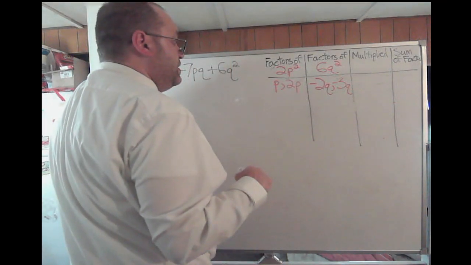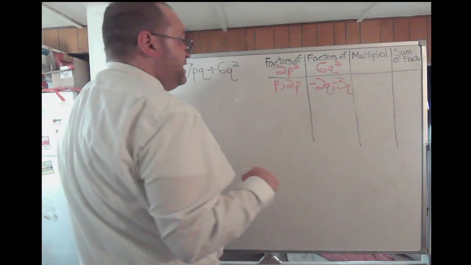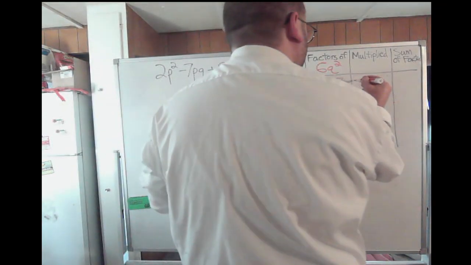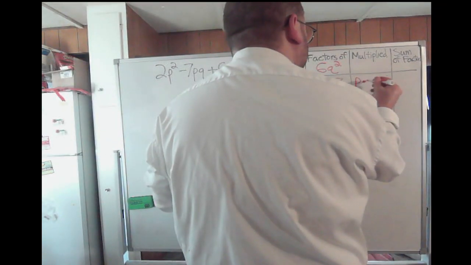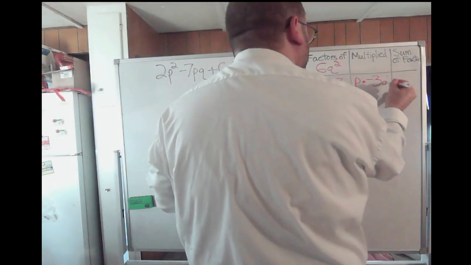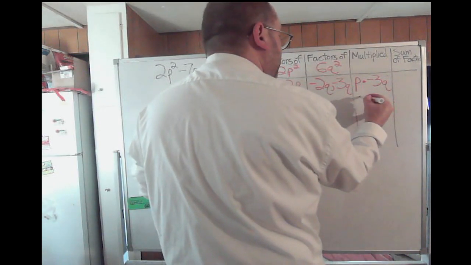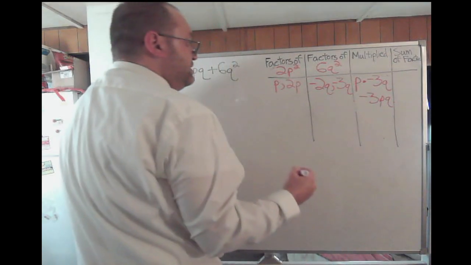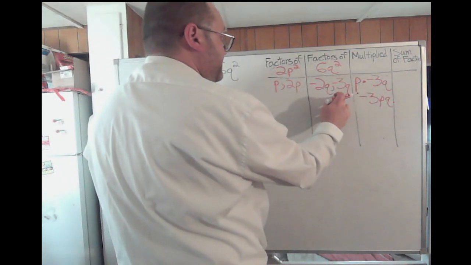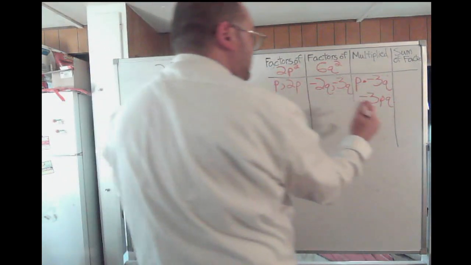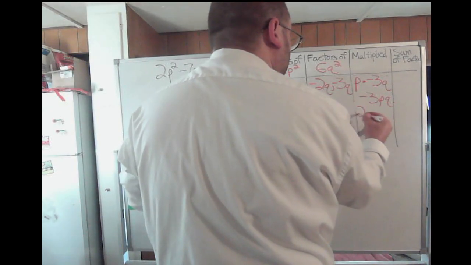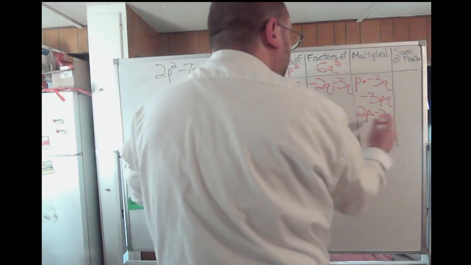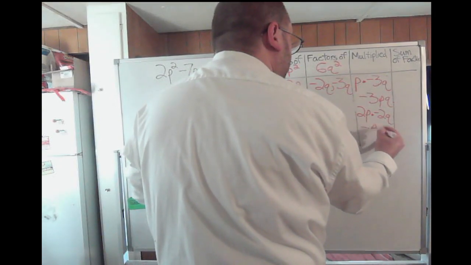So, what if I took p times negative 3q? I'll end up getting negative 3pq. So I took p times negative 3q, that can only leave 2p times negative 2q. 2p times negative 2q would give me negative 4pq.